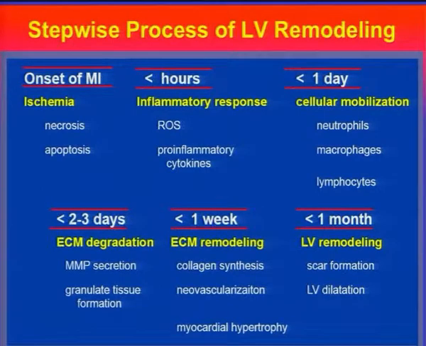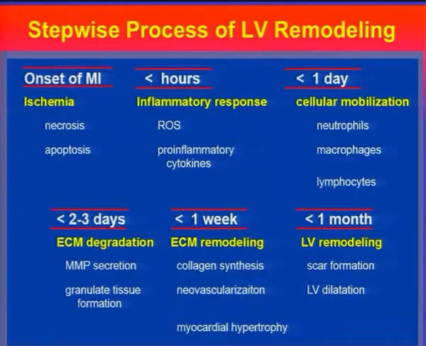And at 1 month, the LV remodeling is fixed, with scar formation and finally LV dilatation. And in some part, myocardial hypertrophy responds to make a final stage of the ventricular remodeling. So we have to consider each step, with many players involved.